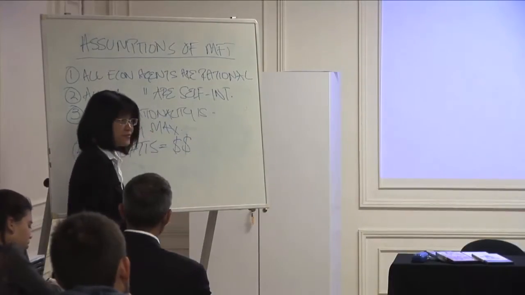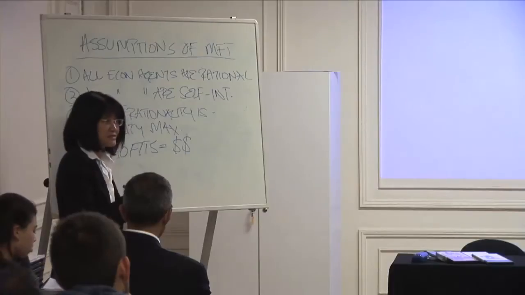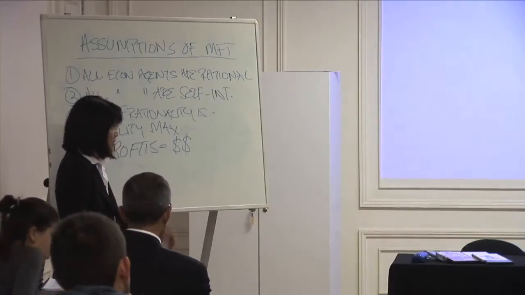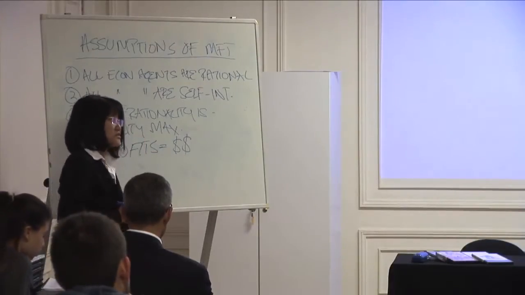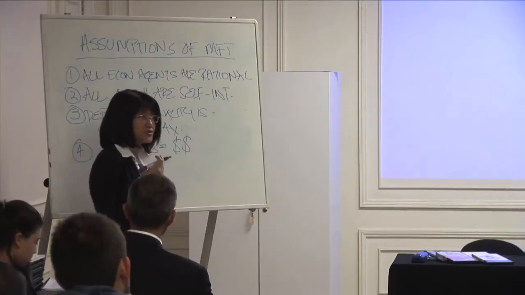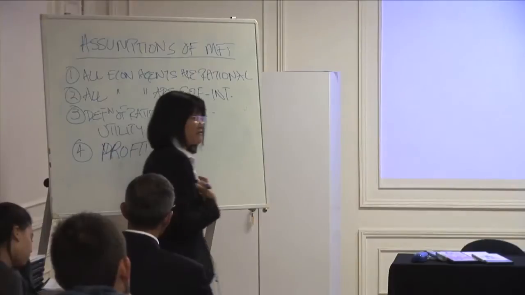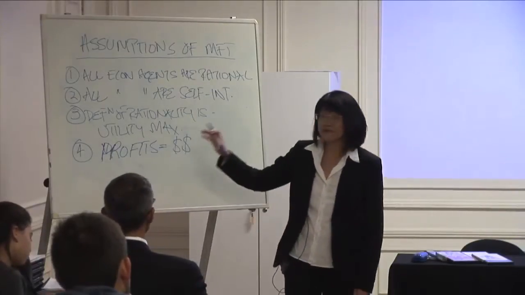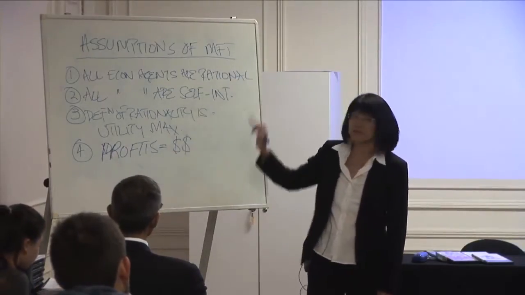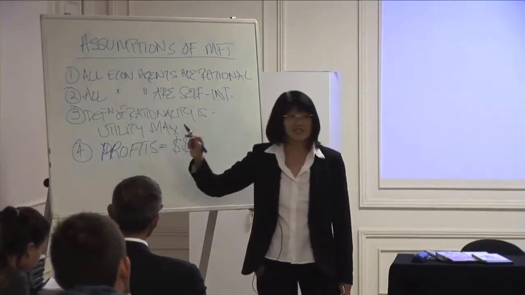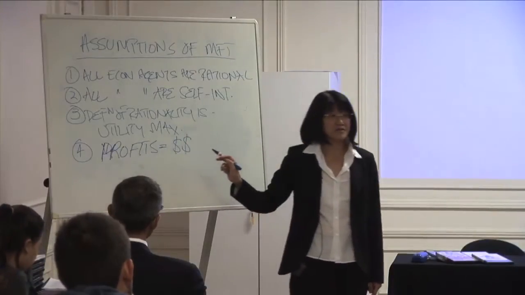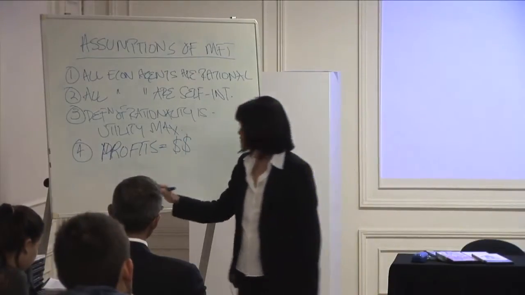Or money. That's all. I'm serious. We're not looking at, I want to maximize the enrichment of my thinking. No. I want to maximize my family life. No. According to MFT, utility is measured in profits. That's all we care about, okay?